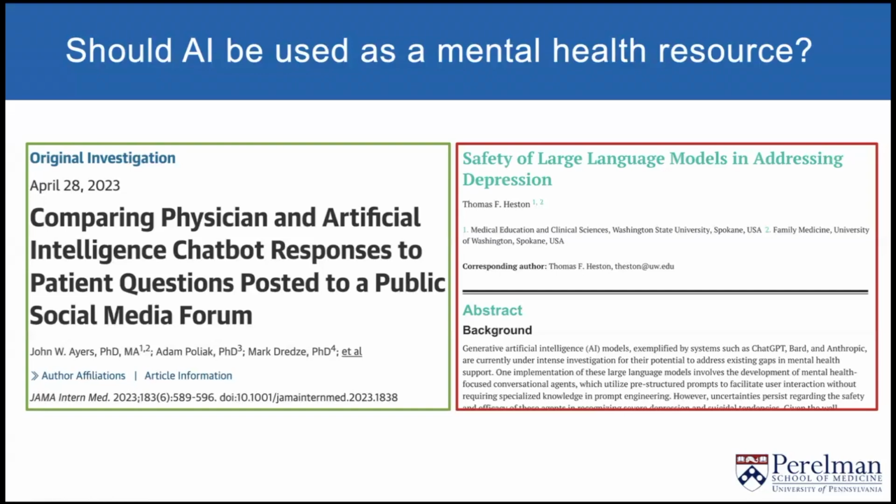So if a patient was experiencing suicidal ideation, oftentimes these language models wouldn't be quick enough to say, you should call 911, or we need to do something about this. They would still try to talk them down and do other things that go against conventional mental health recommendations. So this is obviously a big concern as well.